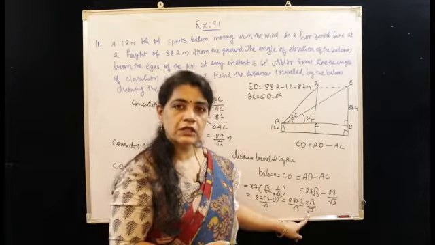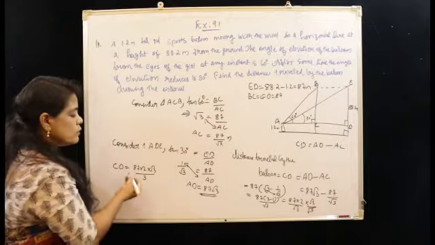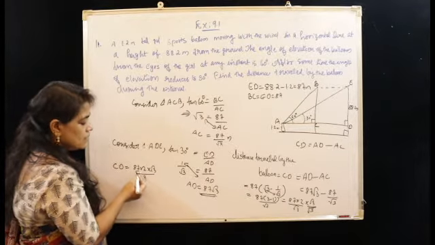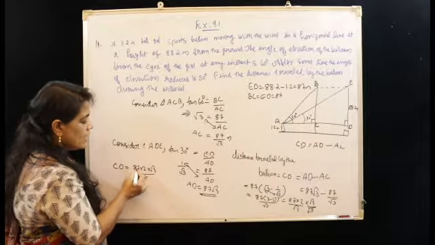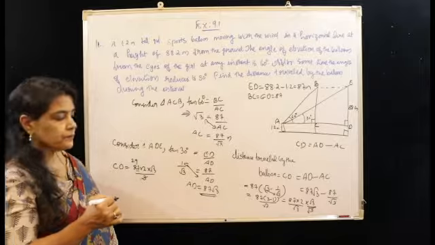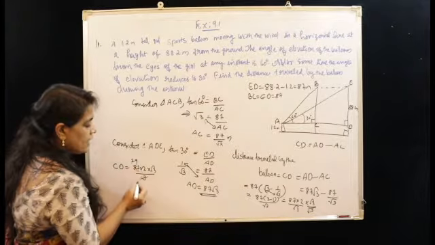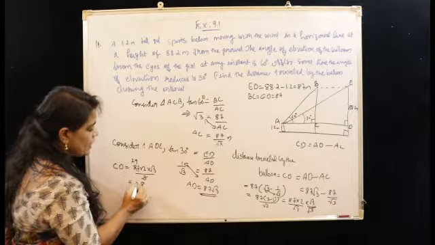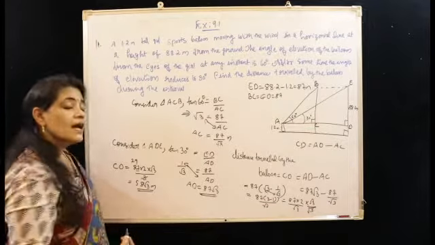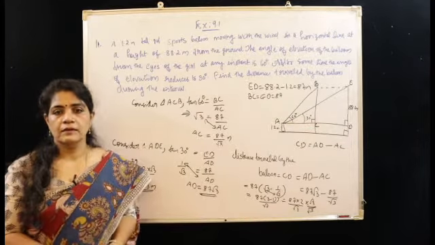Root 3 into root 3 is 3. Okay, so we can divide because 87 is a multiple of 3. So 3 in 8, 2 times, and in 27, 9 times. And 29 into 2 is 58 root 3 meter. This is the distance travelled by the balloon.